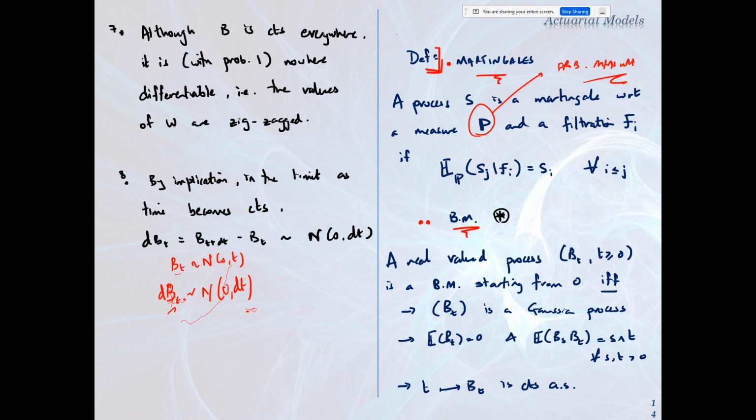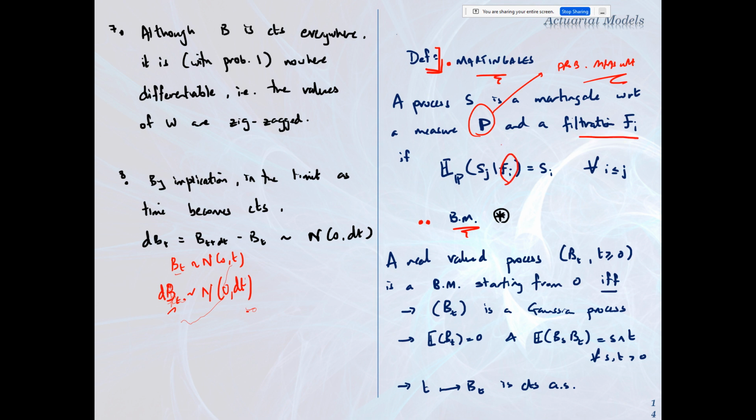So we will see that there is a market probability, historical probability if you want, and we also have a risk neutral probability. So that's why you will see that in the definition we give that specification on which probability we are working. Okay, so it is a martingale with respect to a probability measure P and a filtration F_i.